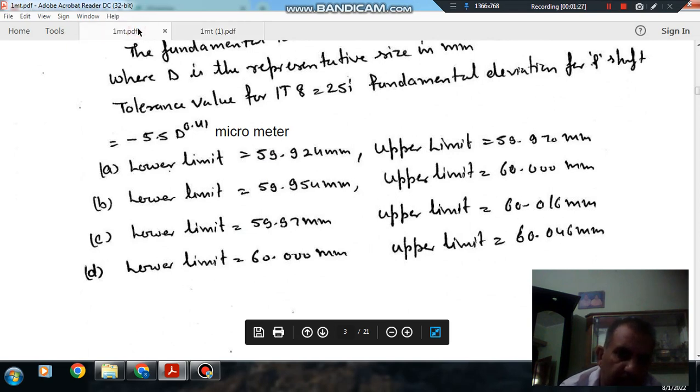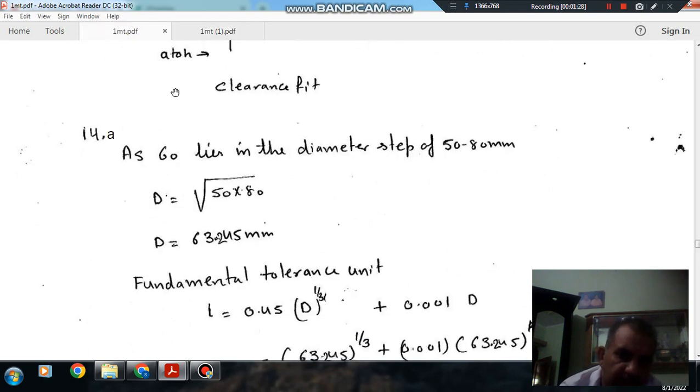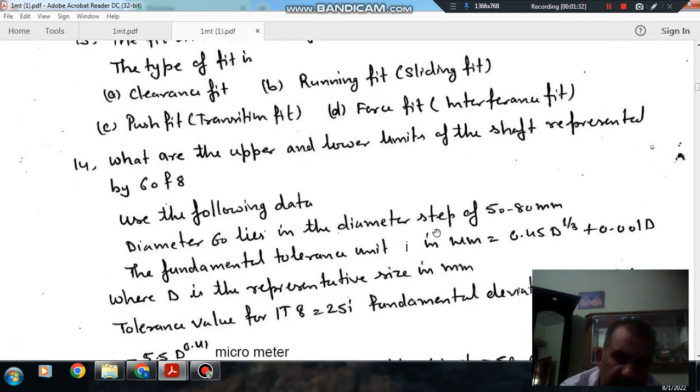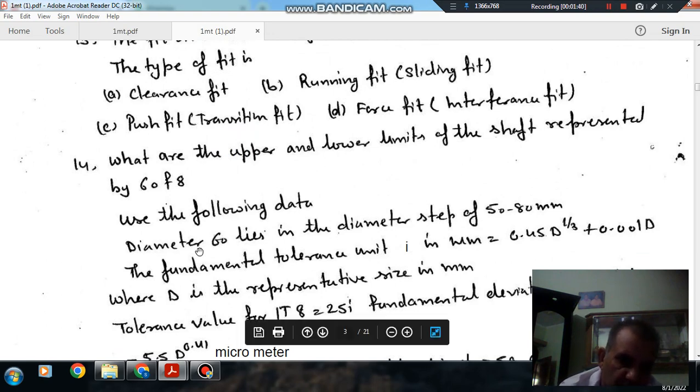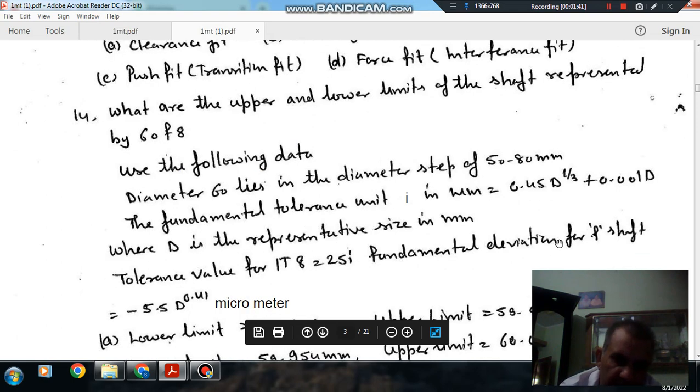60.046 mm. So here, as it is given that the diameter 60 lies in the step of 50 to 80, we will not use that 60 for calculation of the fundamental deviation and tolerance.